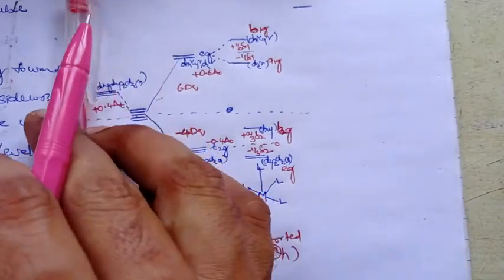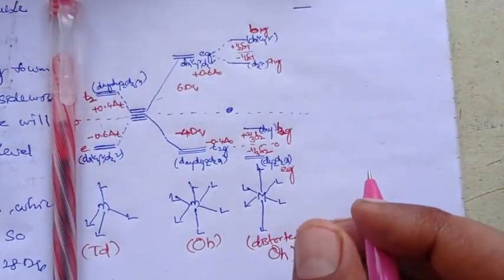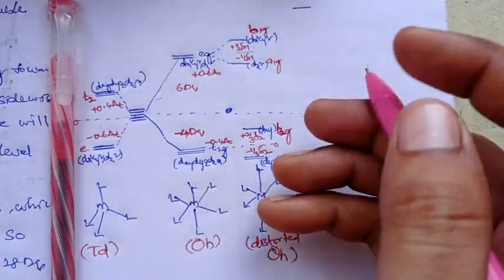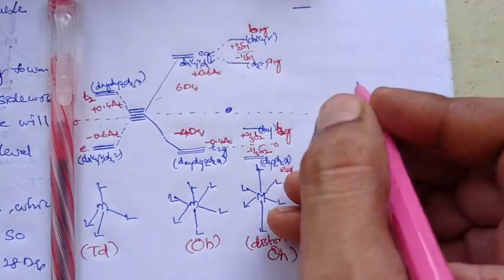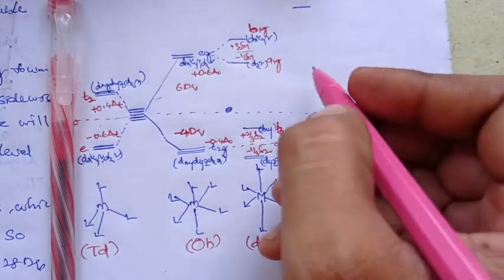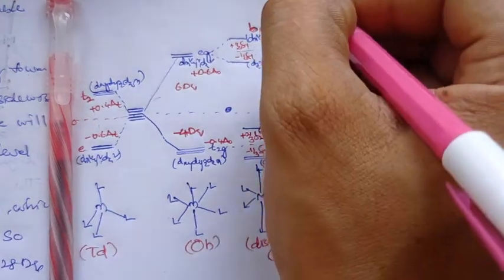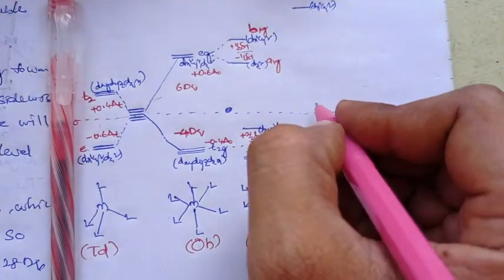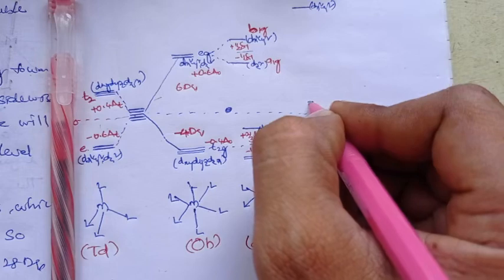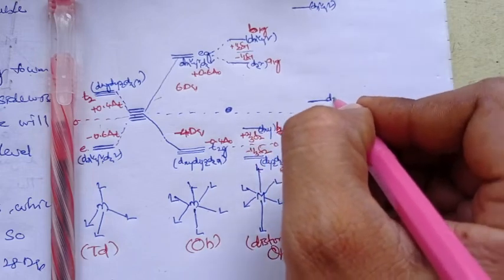For the square planar complex, dx square minus y square reaches the highest energy level, and the next is dxy.